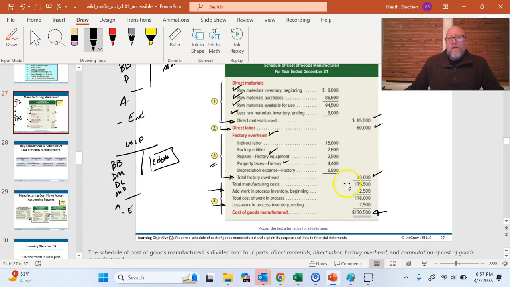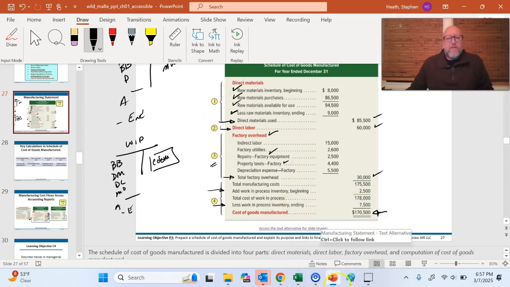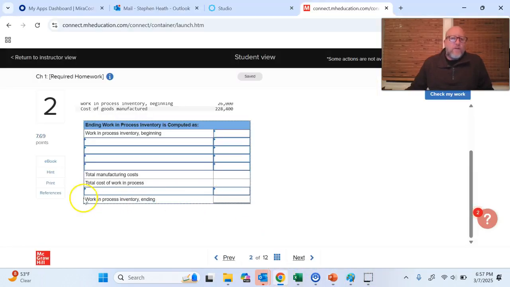That'll be all the costs incurred this period. We would then add our beginning balance, and then subtract cost of goods manufactured to back into ending inventory. The question is slightly different than this schedule, which is fine. So we just want to make sure we pay attention to what they're asking.